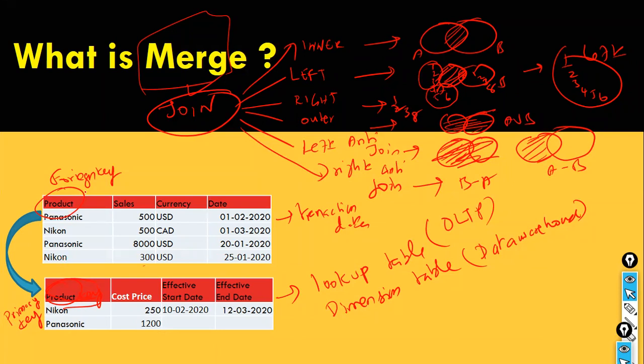Why do we call it a foreign key? Because the values for the product column in this table come from outside of this table. Whatever product key you defined here, only those product values should be there. For the lookup table, this is the parent, and this is a child. A single parent can have multiple children.